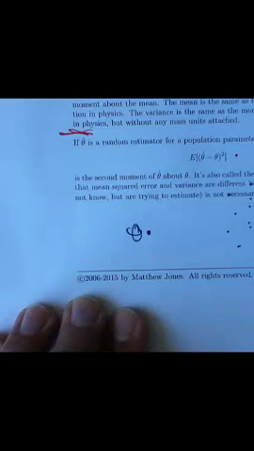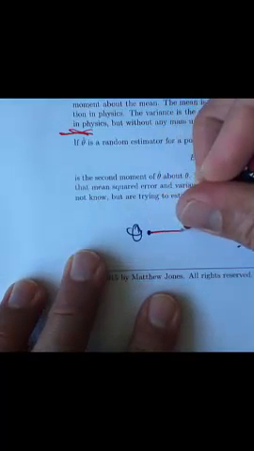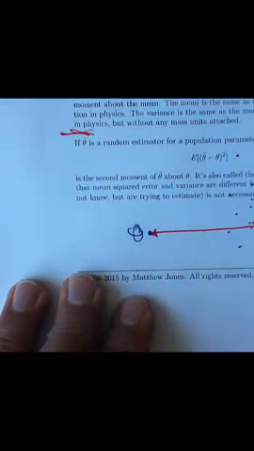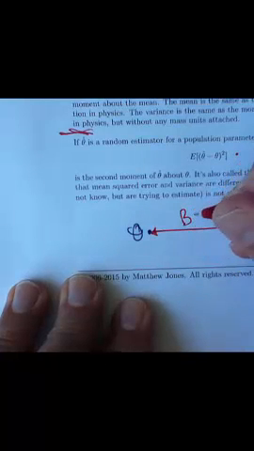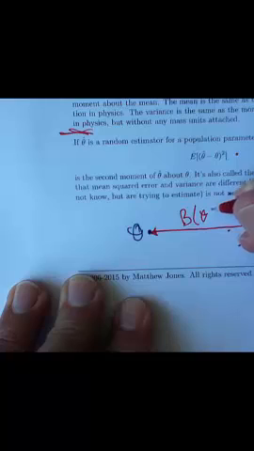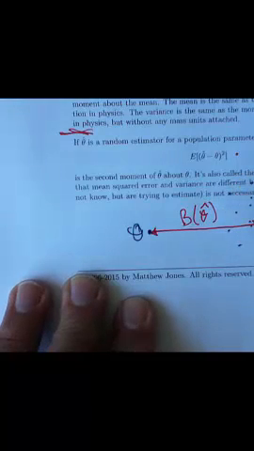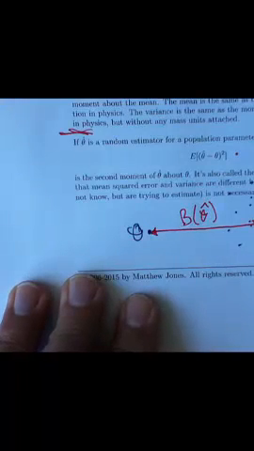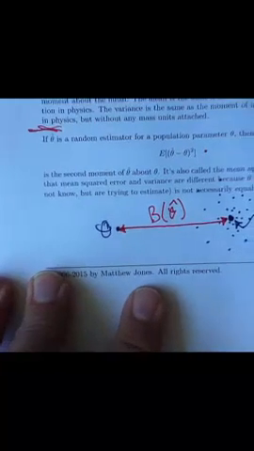Now, this distance here seems like it would be important: the distance between the parameter that we'd like to estimate and the average value of our estimator. And this distance actually has a name. It's called the bias of our estimator, denoted by B. What is the variance of our estimator?